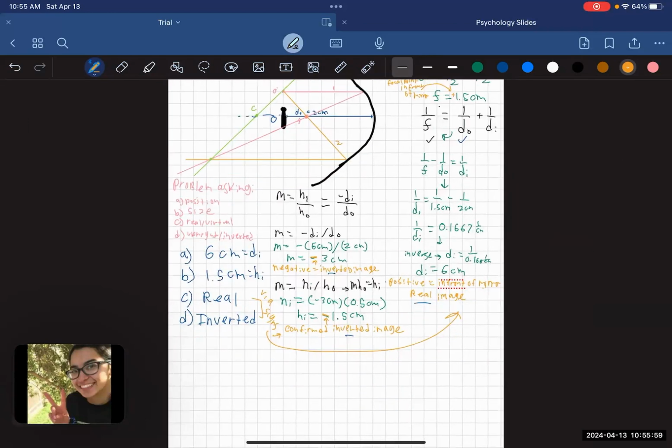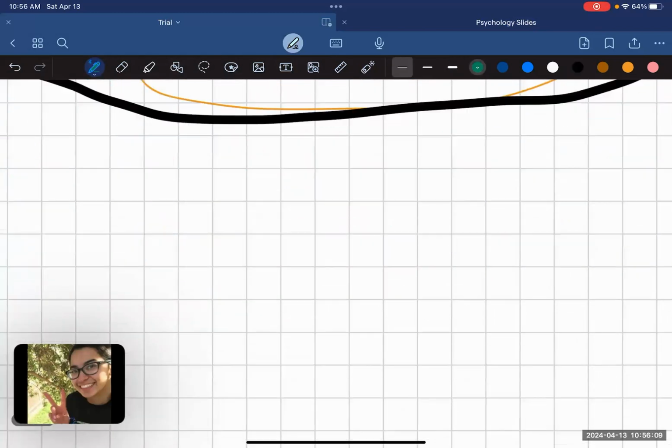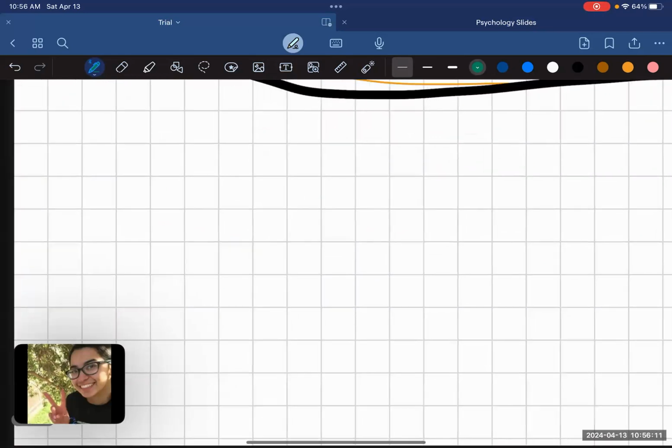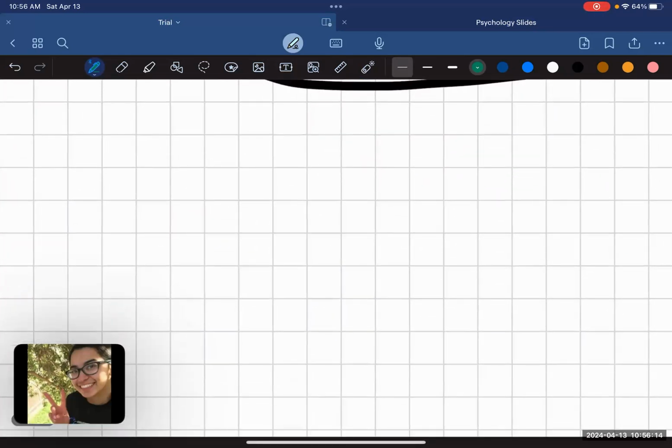And I think the last thing I wanted to do was, let me draw one here. Go through the little signs and stuff. Okay. So this is what I have in my notes.